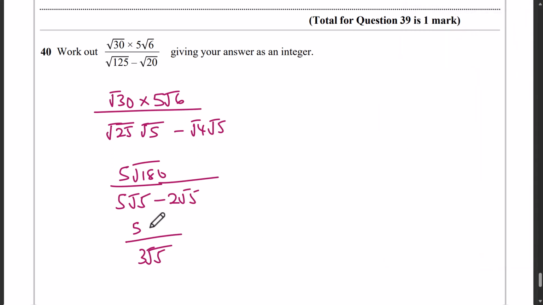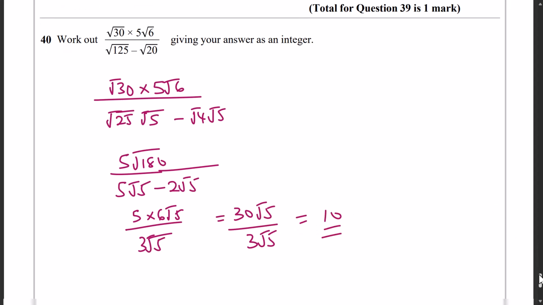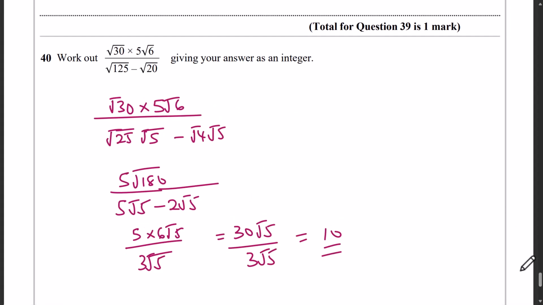Is 6 with 5, yep, which is the same as 30 with 5 divided by 3 with 5, and that cancels out. So this cancels, and 3 to 30 is 10. So the answer here is 10. So this is a little more detailed work on simplifying surds, really. Okay, thank you.